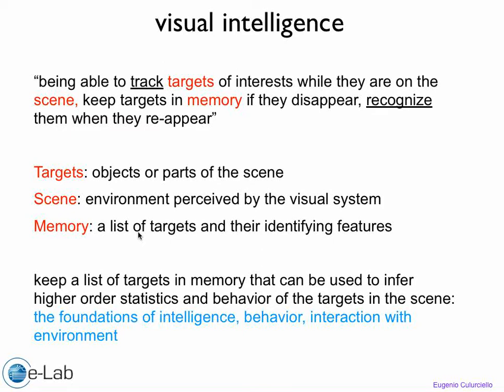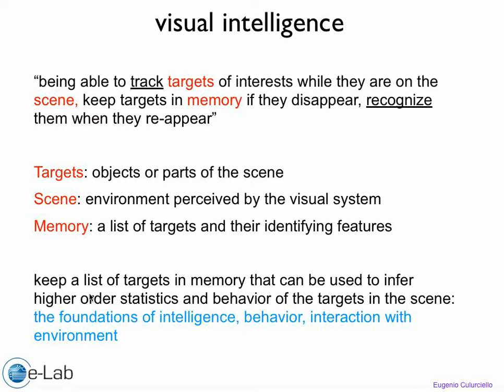So why do I think that this is visual intelligence? Because keeping a list of targets in memory can be used to infer higher order statistics in the behavior of the targets in the scene. This is really the foundation of intelligence, behavior, and interaction with the environment. For example, I could recognize as targets a paper and a pencil, and I could see that they're often on a table.